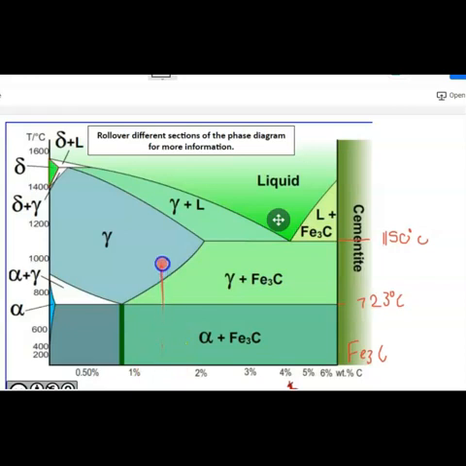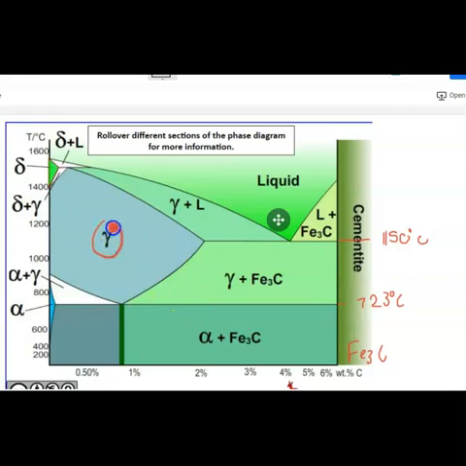It has to enter the single phase region. These lines are known as the A3 line. This is called the A1 line. In engineering, they ask you to heat it up 50 degrees above the A3 line. So you know, since it's 1.5%, it has to be that temperature, 50 degrees above. So you can do that.